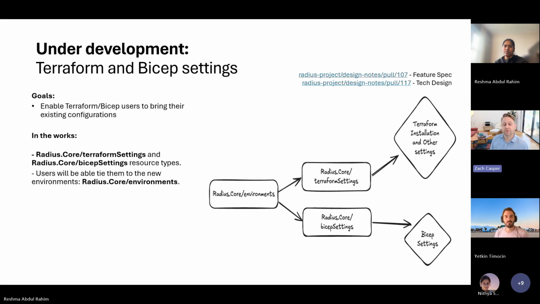As we try to be unopinionated, the Terraform settings really mirror your Terraform RC file. We're having the custom backend, think of it like the backend config, being able to bring that as well as specify your own Terraform binary. So just a heads up, there are going to be some changes to how the Terraform binary in Radius works in a future release.